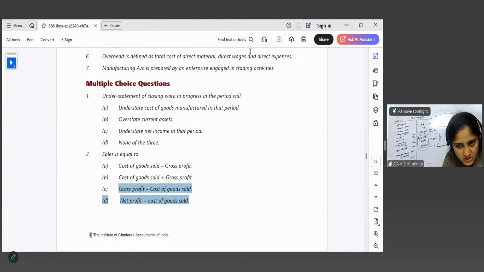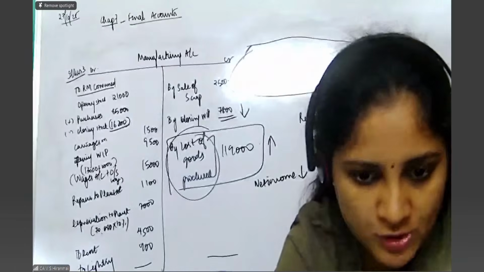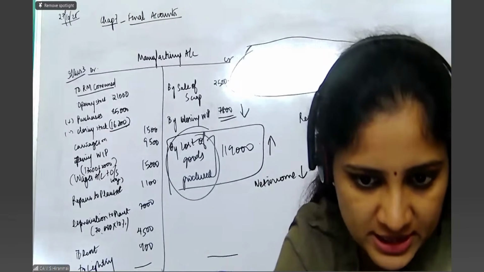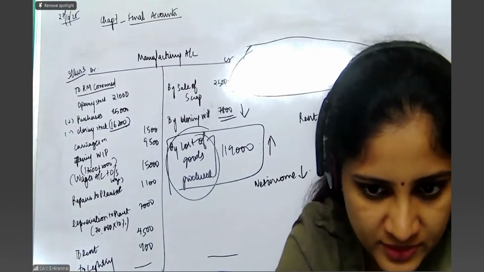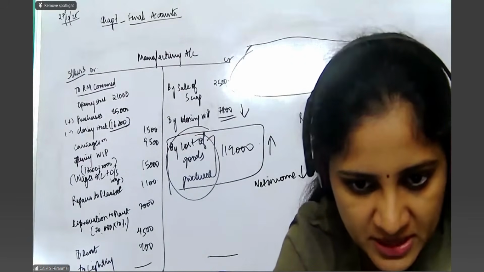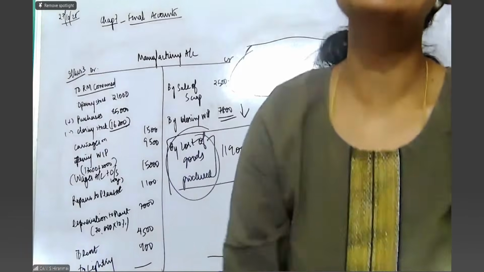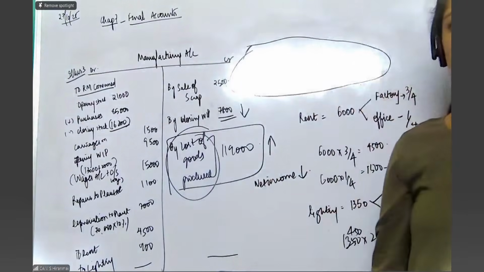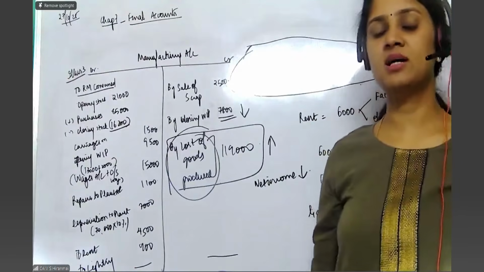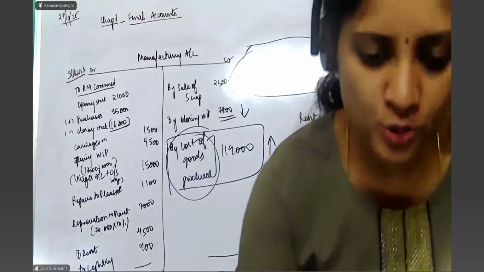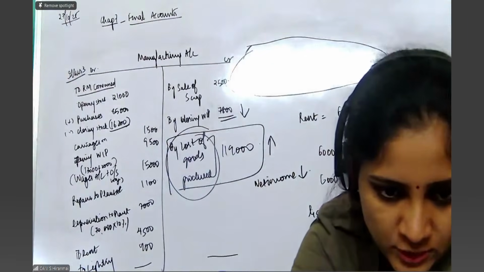You tell me, this question I am not going to answer. The second one, the option is B. Very, very good. Sales is nothing but cost plus profit. So cost of goods sold plus profit is nothing but the sale value. 2B is the option. Good.